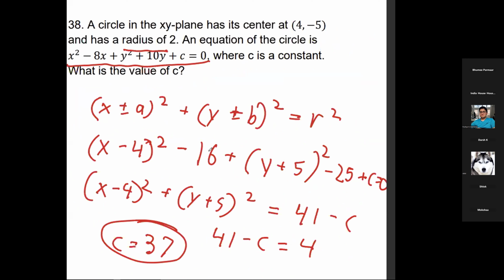So I just added them together and then moved it to the other side of the equation. So we have negative 16, we have negative 25, we have positive C equals 0, and I moved it on the other side, which is 41. And then this positive C becomes negative C. So 41 minus C.